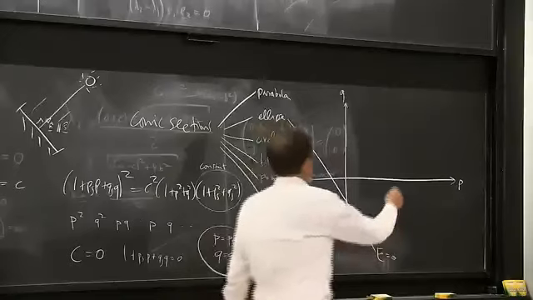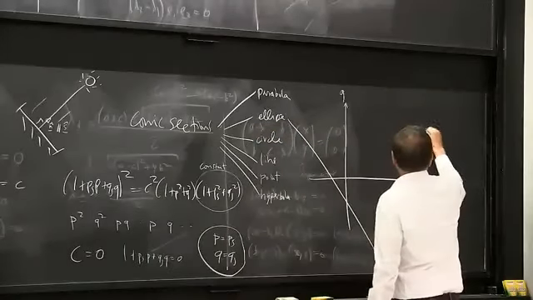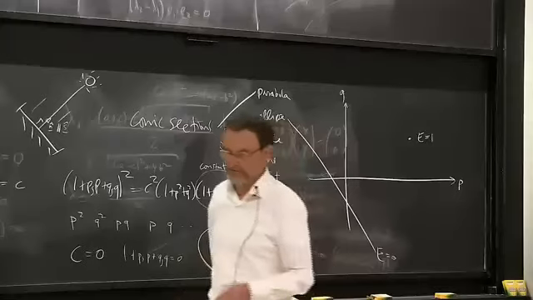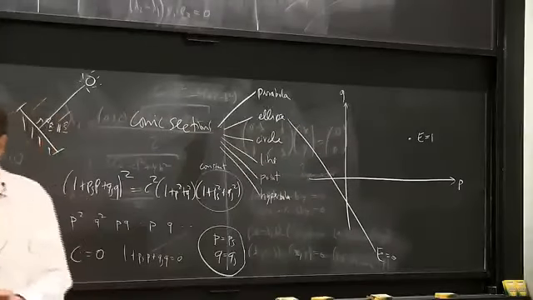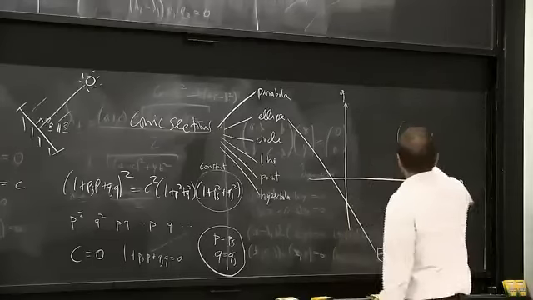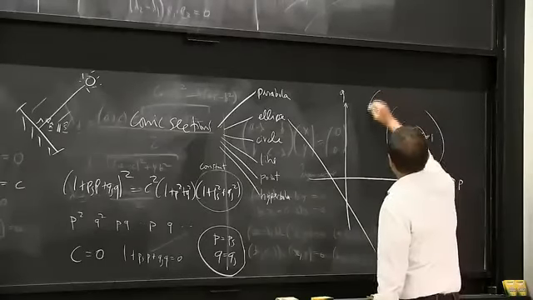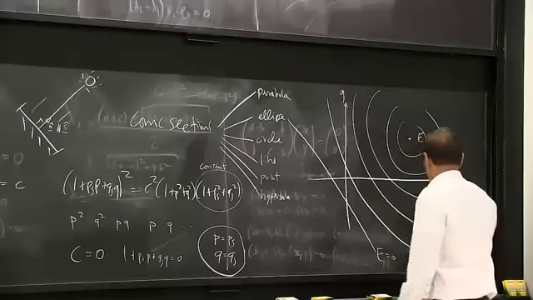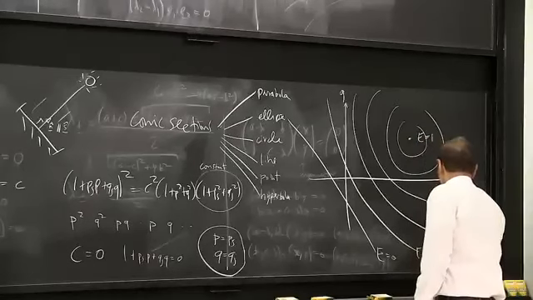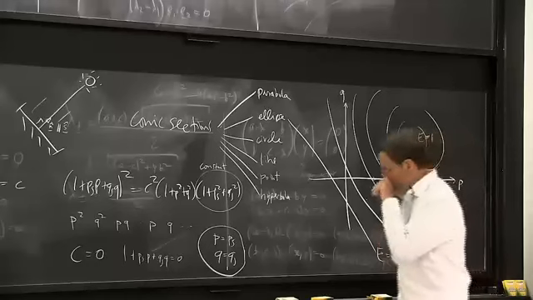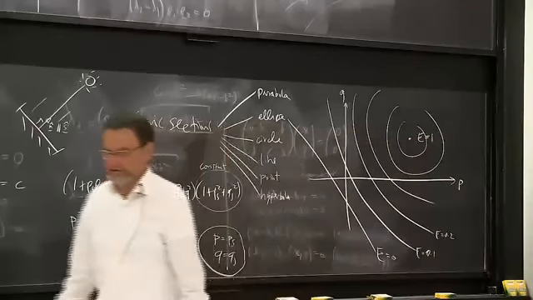So there's some point over here where E is 1, if we normalize it appropriately. And then the rest, you can plot using some sort of program if you like. Okay, so that's a very handy diagram.